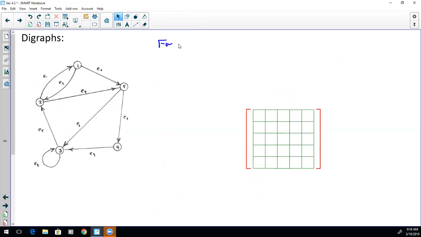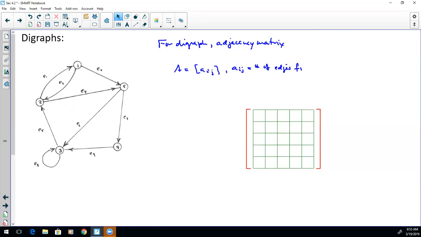So for a digraph, the adjacency matrix, again, it's the n by n matrix where A sub ij, a particular entry in row i, column j, is the number of edges from vertex i to vertex j.